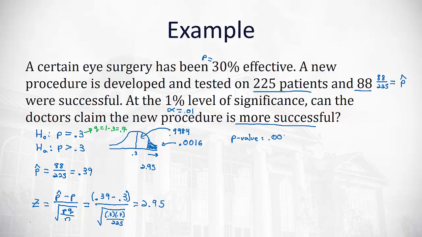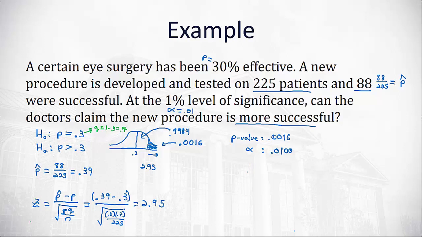Our p-value is 0.0016. That's the probability our null hypothesis is true. And alpha, we said, was 0.01, which is the smallest probability where we'll still believe the null hypothesis is true. Because our p-value is smaller than our alpha, this means we will reject the null hypothesis.